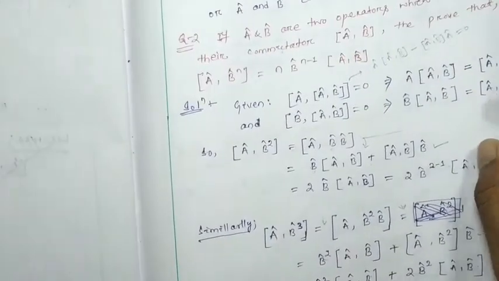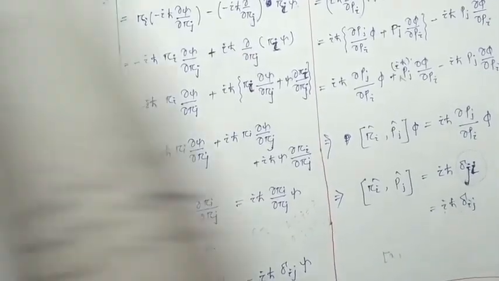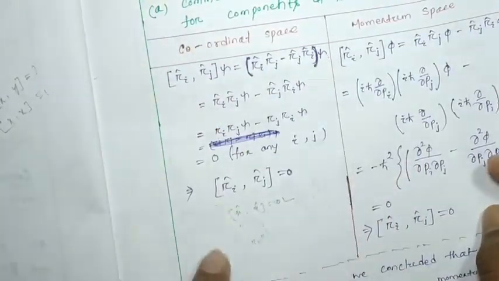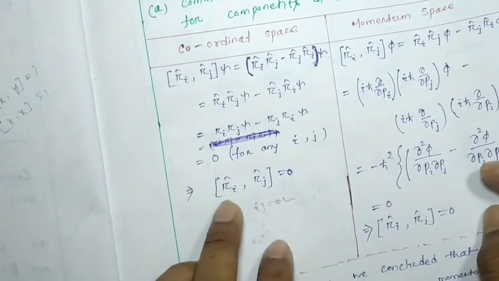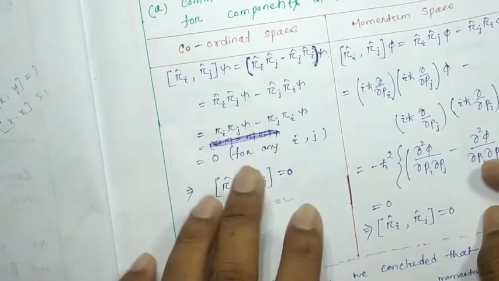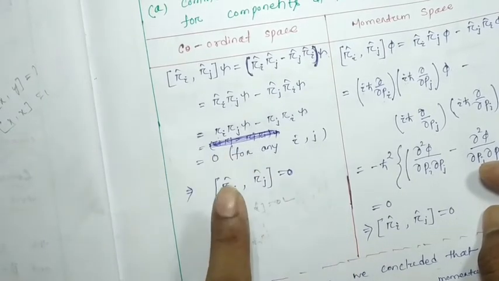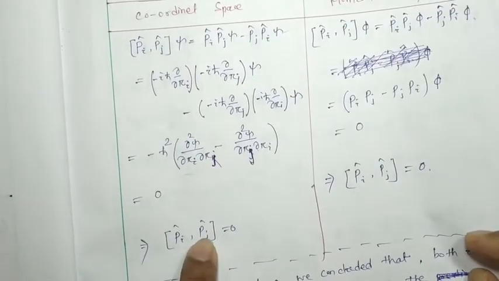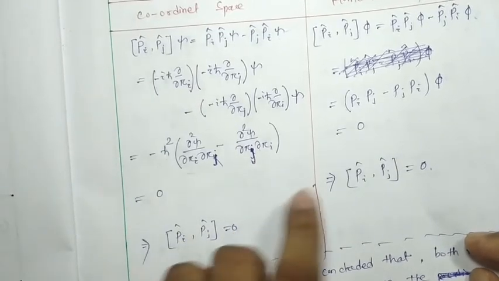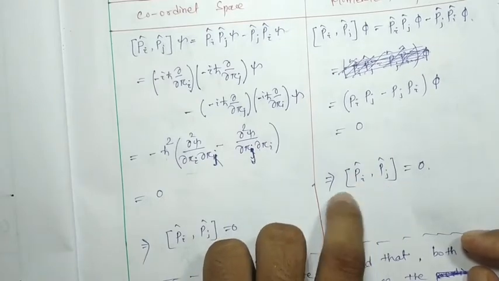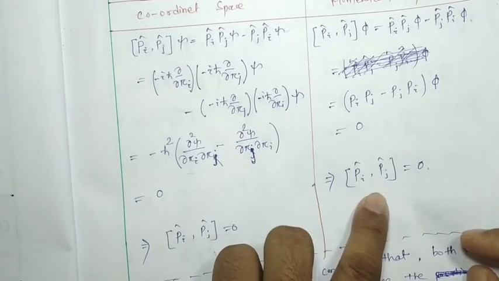Whether momentum space or coordinate space, in our last class we discussed that in coordinate space or momentum space, the commutation of position operator components Rᵢ, Rⱼ will be 0. We verified that in coordinate space and momentum space. And the commutation of momentum components in coordinate space will be equal to 0, and in momentum space also it will be equal to 0.